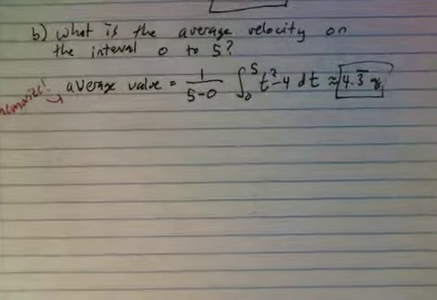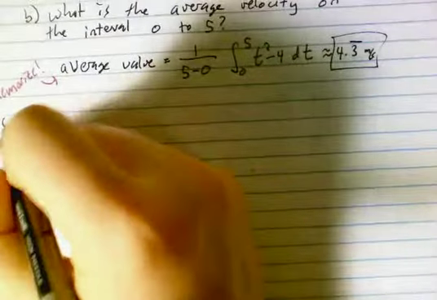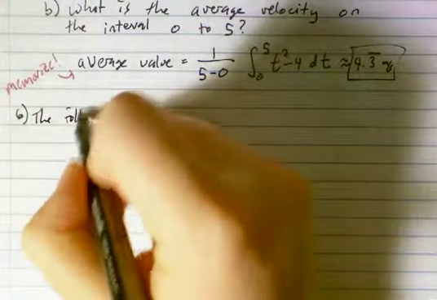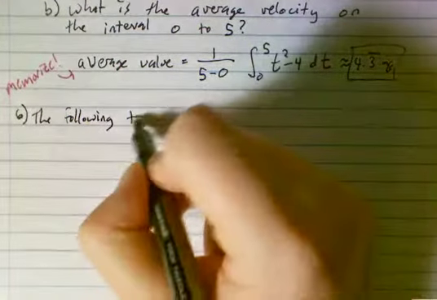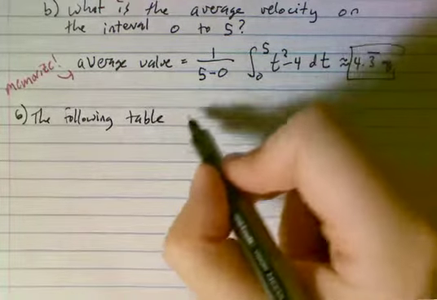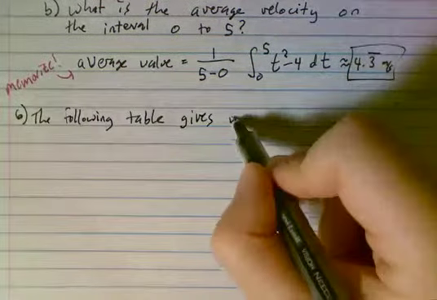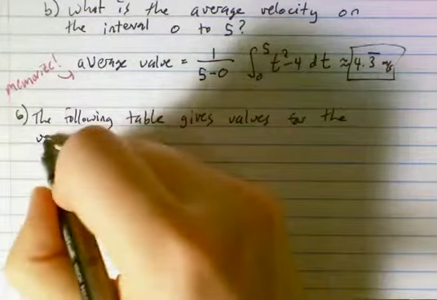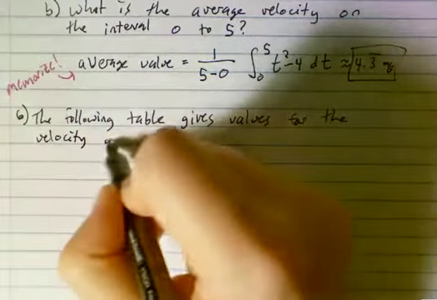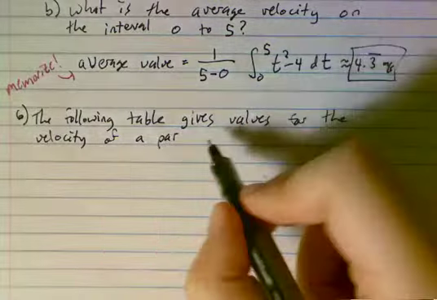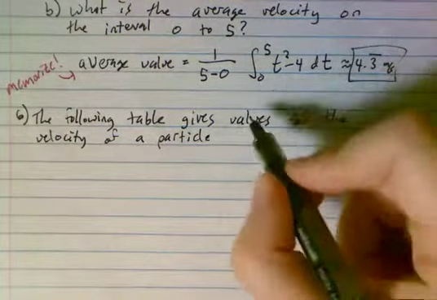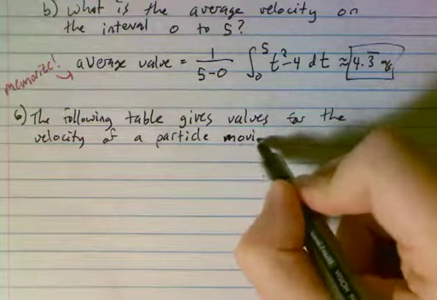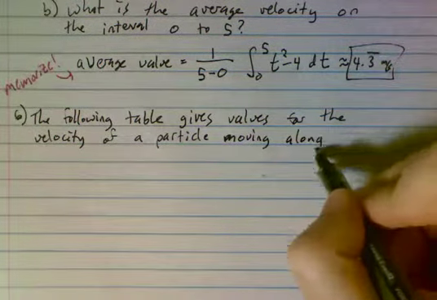Okay, now on to our final problem, something slightly different. The following table gives values for the velocity of a particle moving along a straight line.